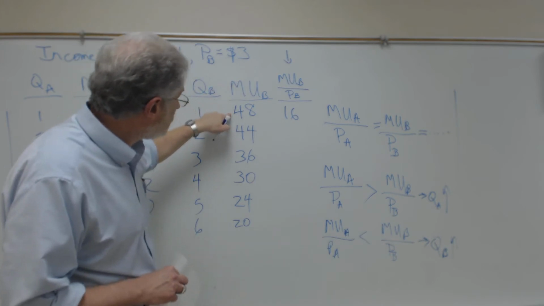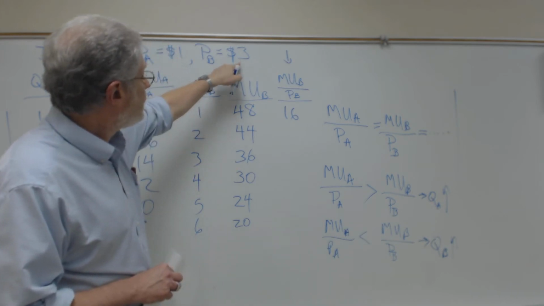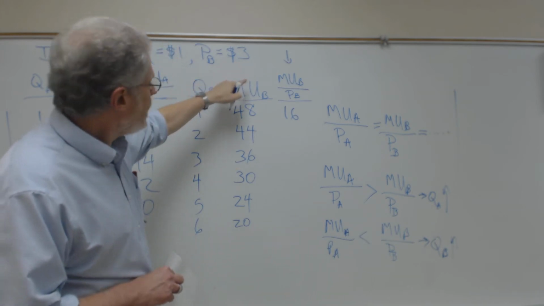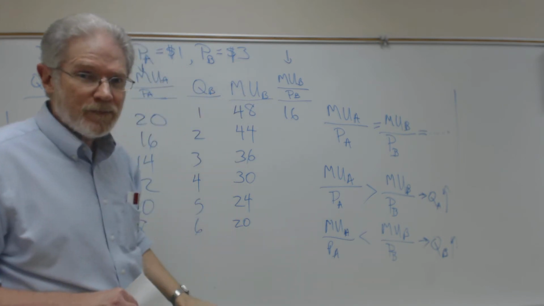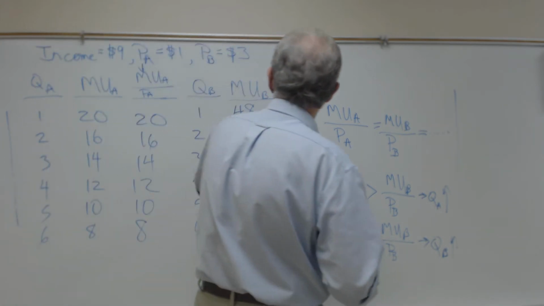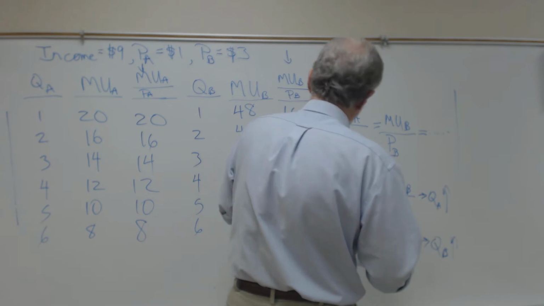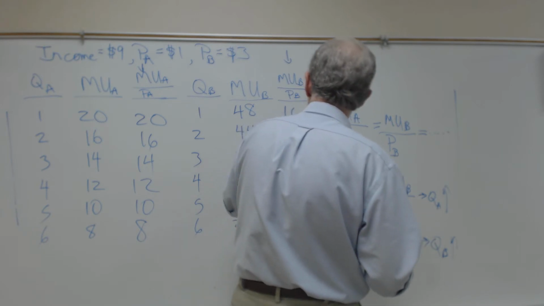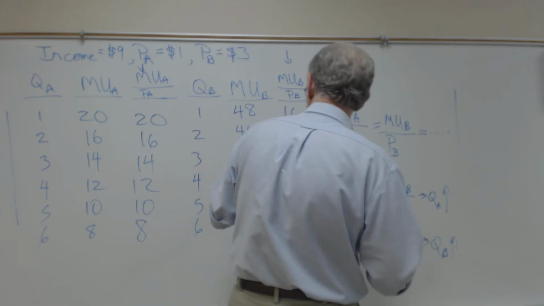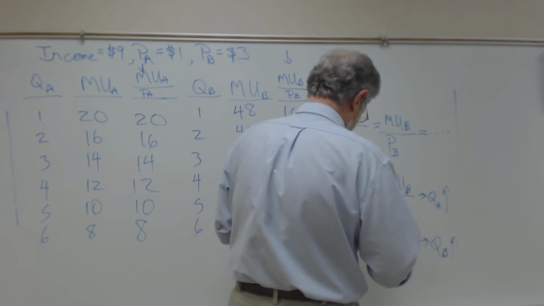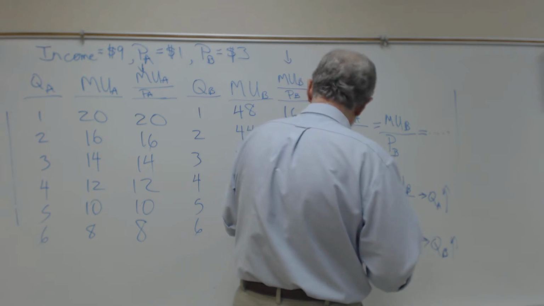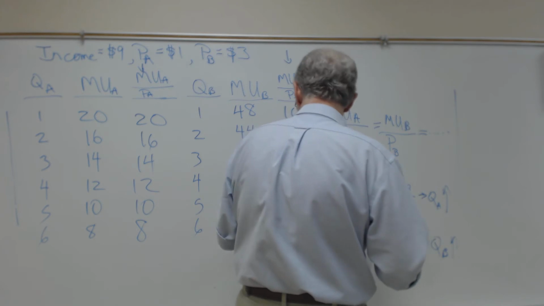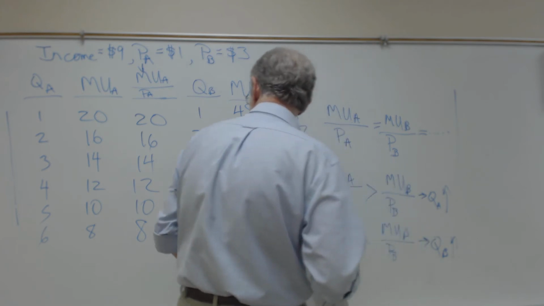We're taking the marginal utility from bananas, dividing by the price of 3. We're going to do that all the way down. Okay, so that gives us 14.7, 12.0, 10.0, 8.0, and 6.7. Okay.